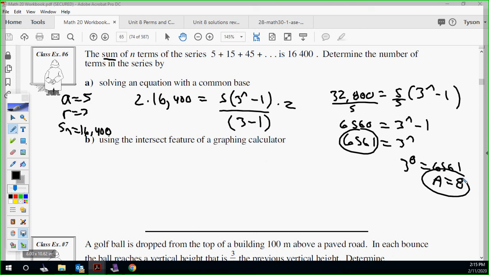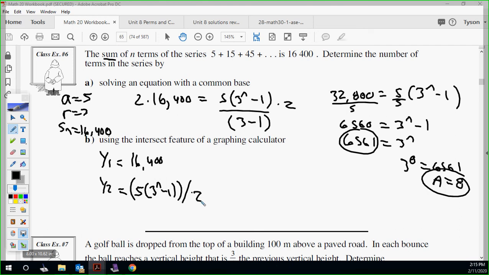Okay, so I'm going to skip the graph and calculator part for now. Again, what you would do is you would just go y1, y2. You would simply put 16,400 in y1, and you would put 5 times 3 to the n minus 1, all bracketed, divided by 3 minus 1, or 2.